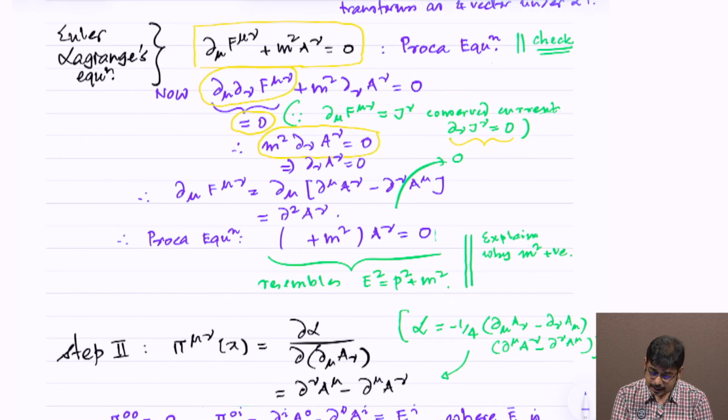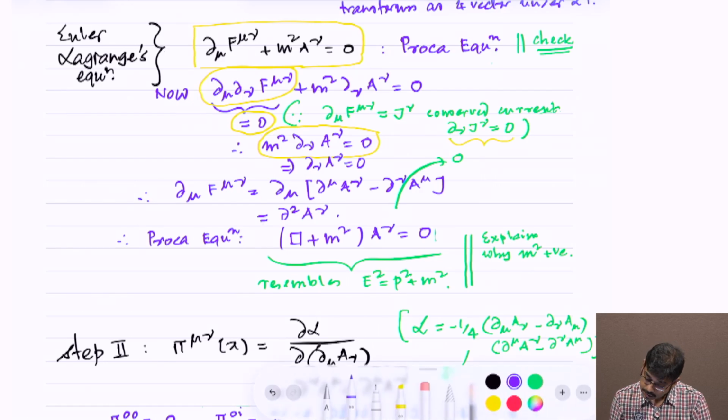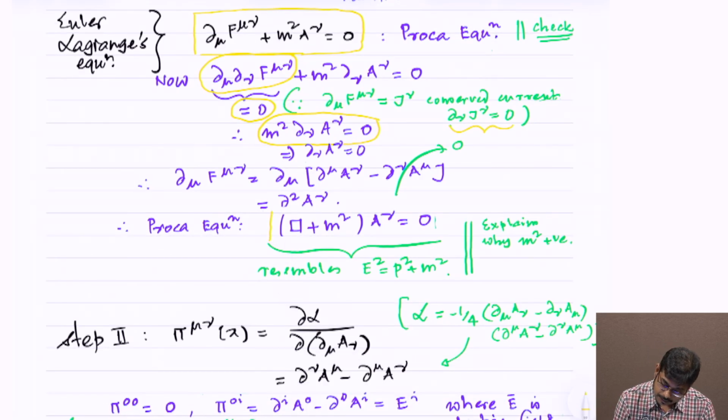So, therefore, this equation del mu F mu nu plus m square A nu equal to 0, with del mu F mu nu reducing to del square A nu, basically tells you that this is box plus m square A nu equal to 0. Now, this equation is also something which we are familiar with. So, it somehow resembles E square equal to P square plus m square, right.